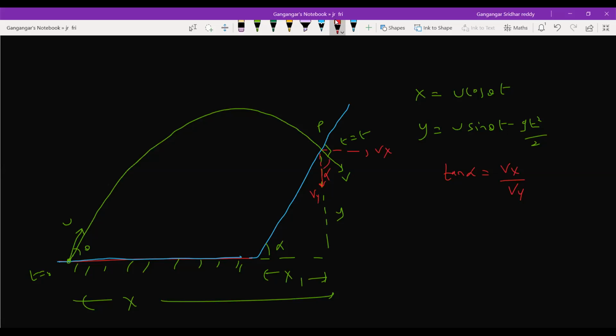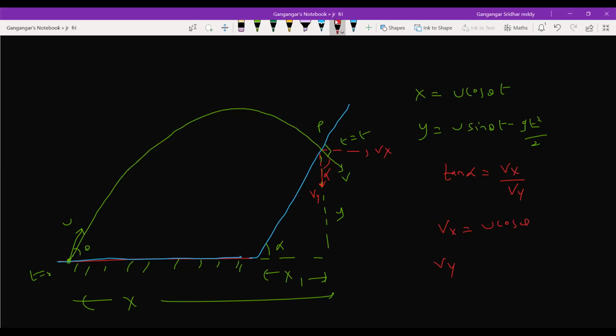From tan alpha, I'll get the expression for vx and vy. What is vx? We know vx is u cos theta. So don't expect that inclined projectile problems will always be like this. The point of projection can be somewhere on the ground also.